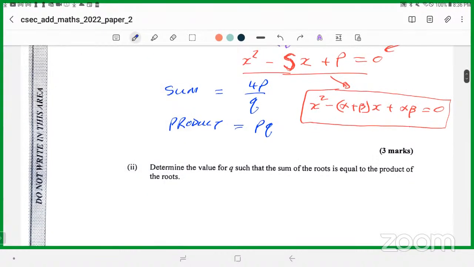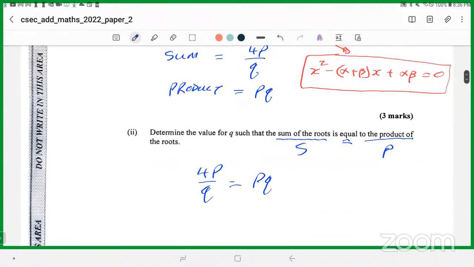Yes, sir. All right. Determine the value of Q such that the sum of the roots is equal to the product of the roots. So the sum equals the product. That's what they're saying. So it means this equals this. We want to solve that. Basically 4P over Q equals PQ.